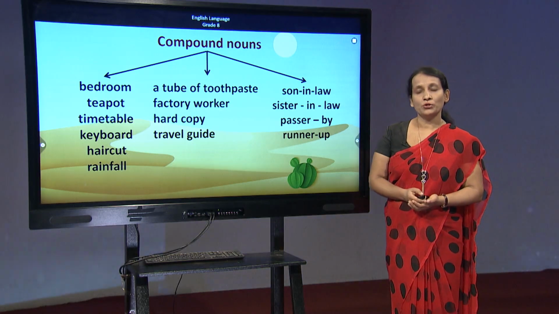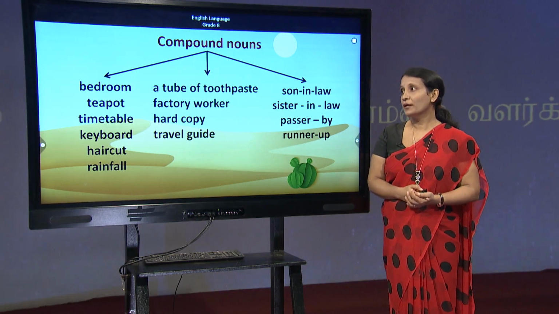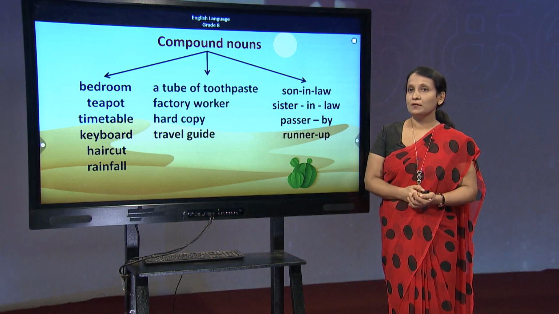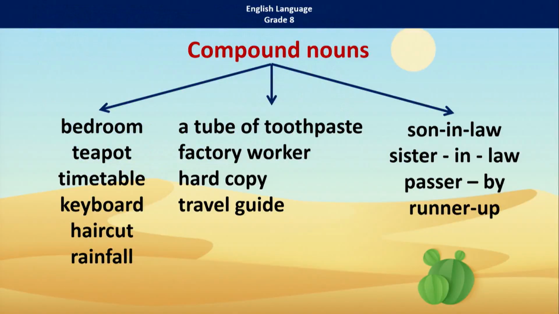Now we are going to talk about another type of nouns. What is it? Compound nouns. In a compound noun, children, we have more than one word. Now we'll read the first column. We have bedroom, teapot, timetable, keyboard, haircut, rainfall. Bedroom is bed and room.